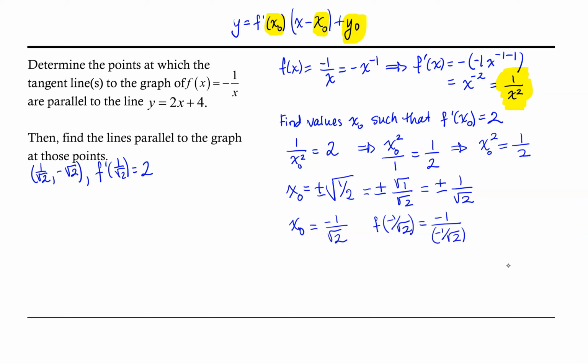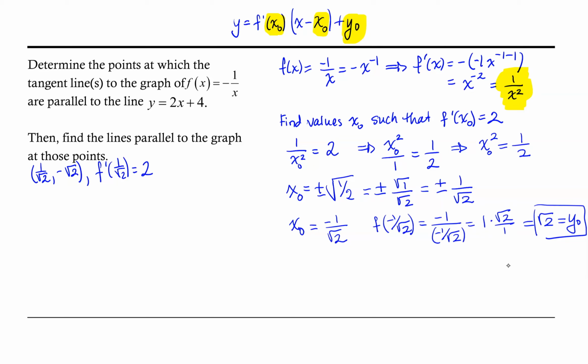So a negative over a negative is a positive, so this will be positive. And then I'm going to multiply by the reciprocal of the denominator. So 1 times square root of 2 over 1 gives me my corresponding y value that I'm interested in as being positive square root of 2.